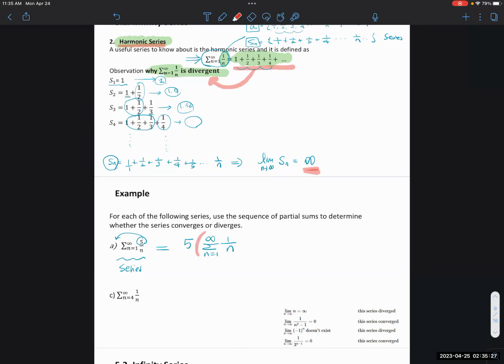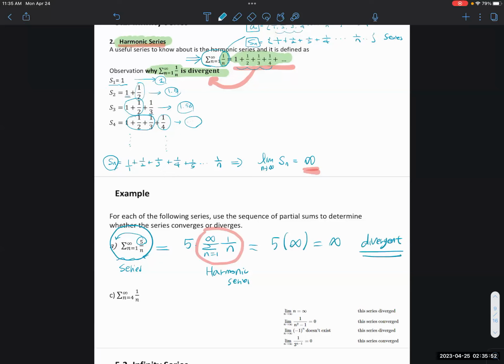We already know this is a harmonic series. This is definitely the definition of a harmonic series, right? Same format. So we know that this is divergent to infinity. 5 times infinity is still infinity, so it doesn't matter. This series is also divergent. That's how you solve it.